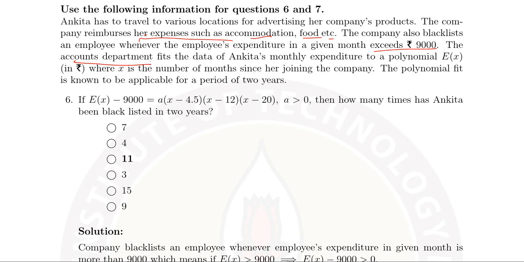So the accounts department fits the data of Ankita's monthly expenditure to a polynomial which is given as E of X, where X is the number of months since her joining the company, and it is given that the polynomial fit is applicable for 2 years. That means a total of 24 months.